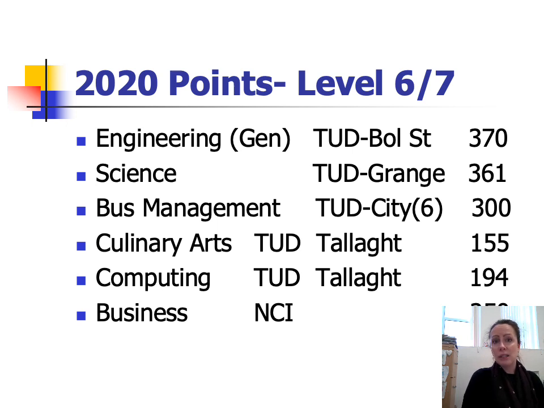For example, in engineering, most engineering in the level 8 you need a H4 for. This one in the level 6-7 in TUD in Bolton Street, it's 370 points, which is very high for a level 6-7, and you do need an ordinary O4 in maths, but then you could progress into the level 8. Equally for science there in TUD in Grangegorman was 361 this year, but you have the option then of progressing into the level 8.